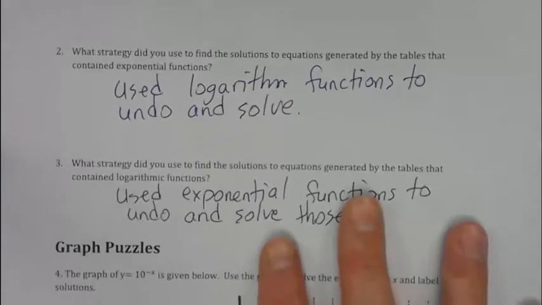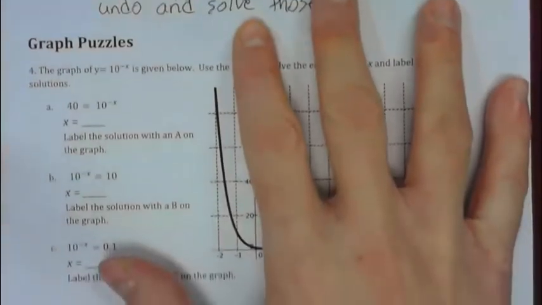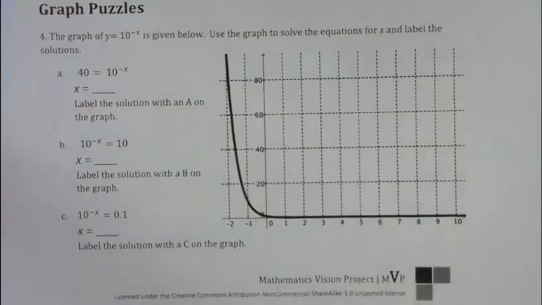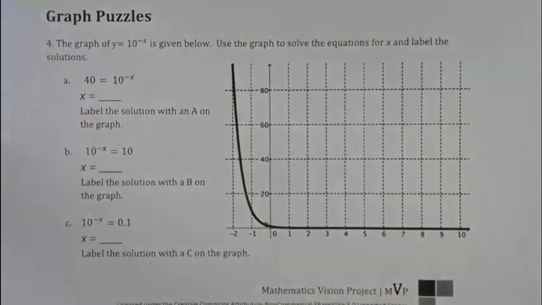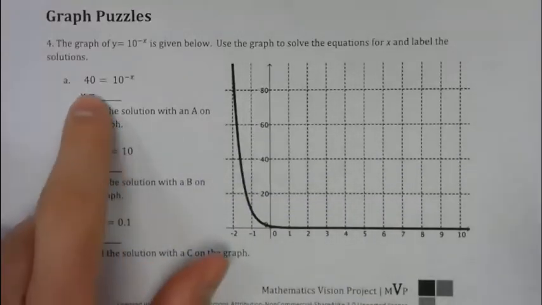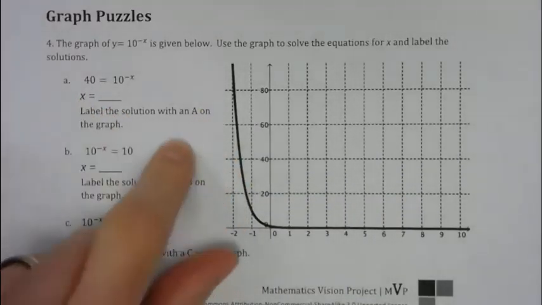Moving to part 2 of our classwork here, we're looking at some graph puzzles. So remember when we were looking at this equation here, this is y equals 10 to the negative x. So if I wanted to just use my graph to solve this, remember that I am looking for the x value because this graph is 10 to the negative x.